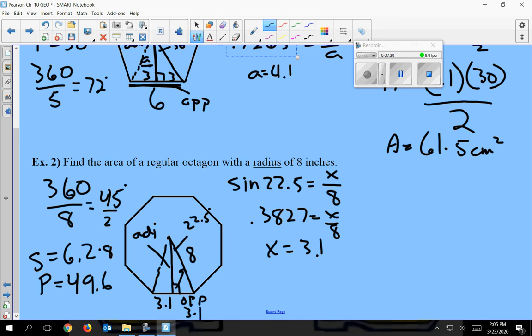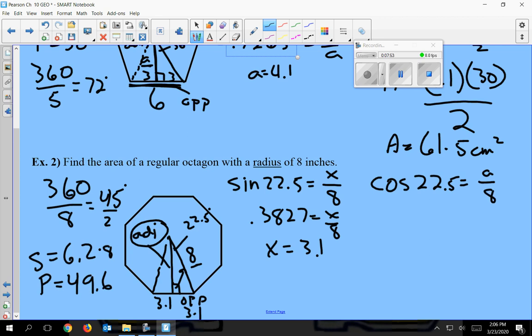Okay. All right. But I still need the apothem. So that's going to be this side again. I'm still going to use the hypotenuse. All right. So that's going to cause me now to do cosine of that same angle, and this time it's going to be the apothem over the hypotenuse, or the adjacent side over the hypotenuse.